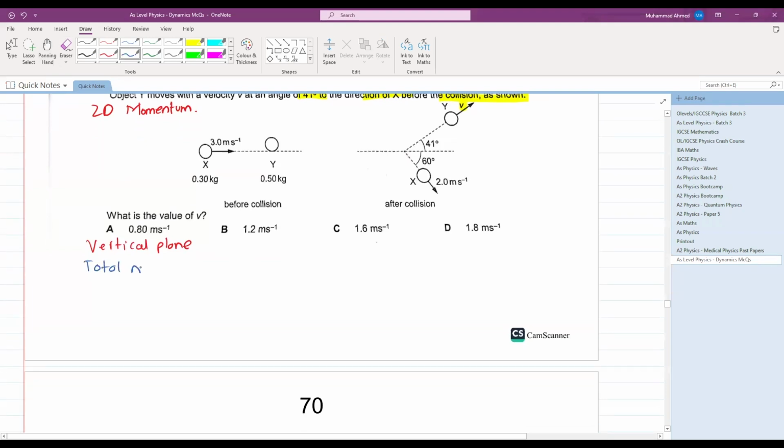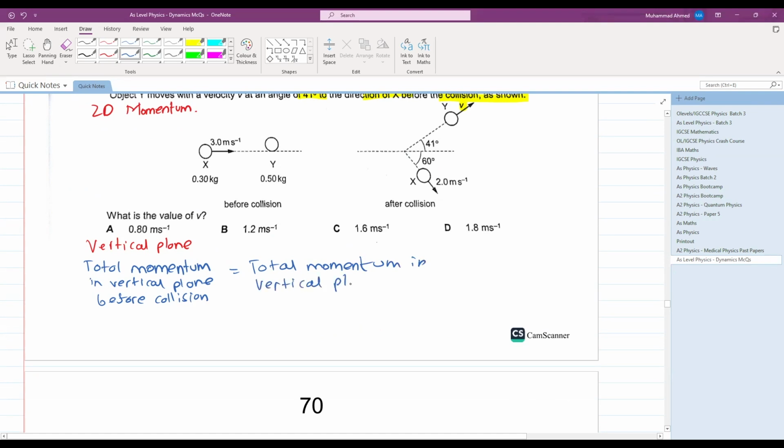total momentum in vertical plane before collision is equals to the total momentum in vertical plane after collision.